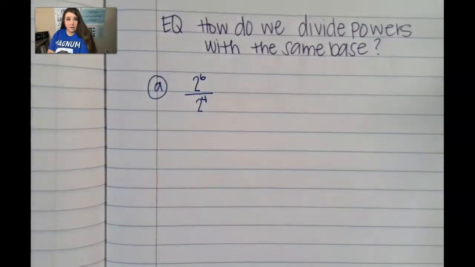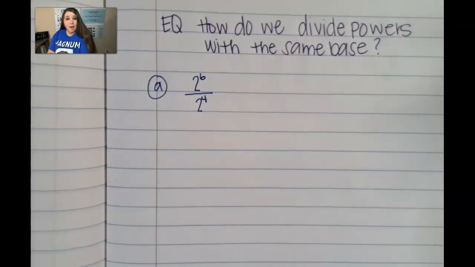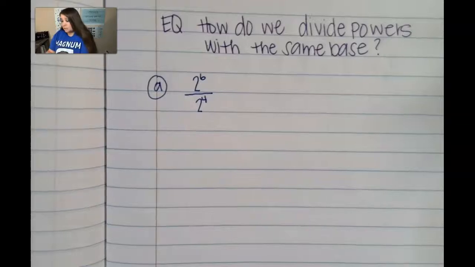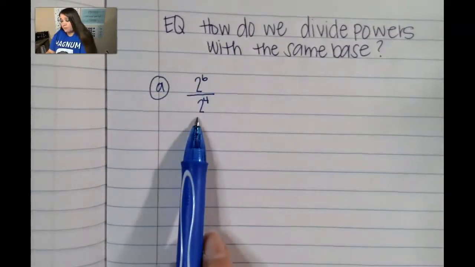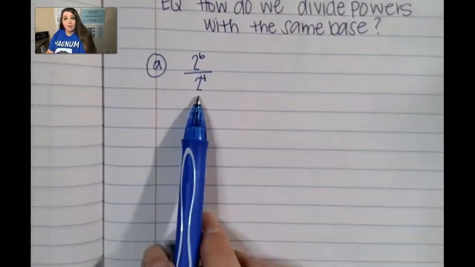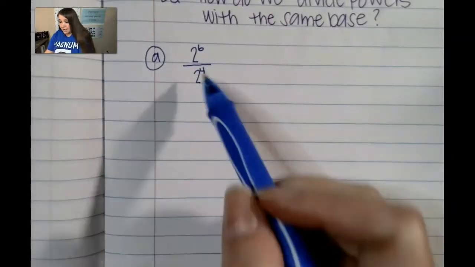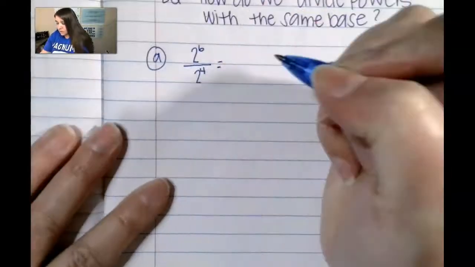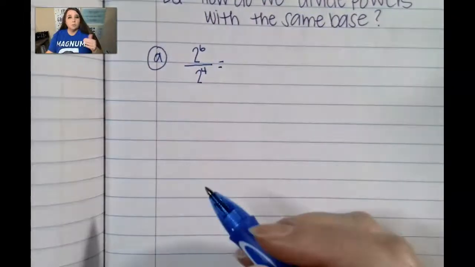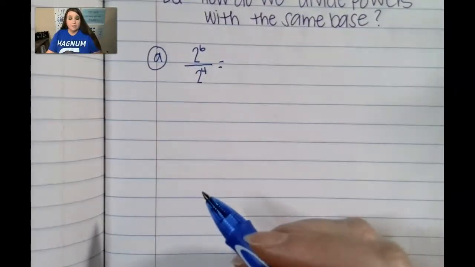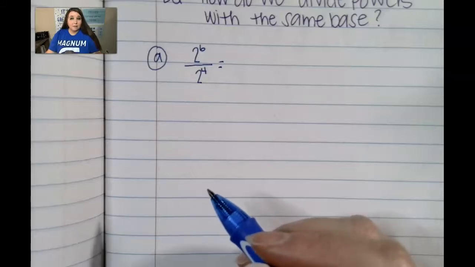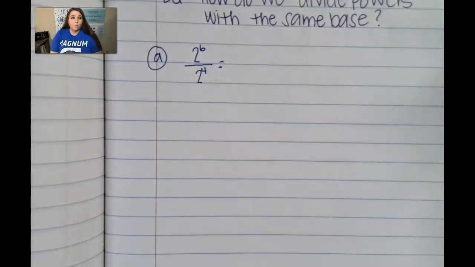The quotient of powers property says that we can solve this because they have the same base, by looking at just the powers. So we're going to be dividing, and the opposite of division is multiplication. In multiplication, which we did in our last lesson, we were adding. Today we're going to be looking at subtraction because subtraction and division go together.